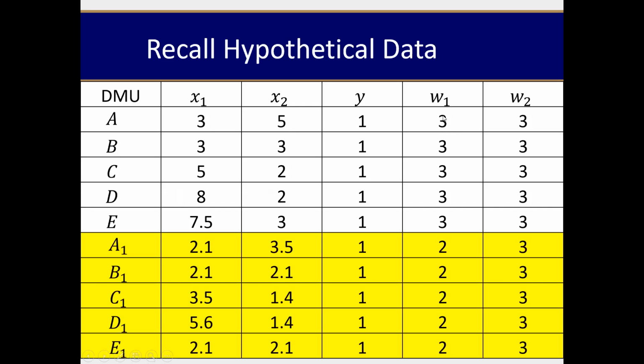Their prices are 3 and 3. You can see that we've given one price for all of them, the law of one price. So we are assuming that they are all charging the same price. Of course, that is an assumption that has to be relaxed in real market systems. But according to Farrell and all of that, this was an assumption that will be useful.